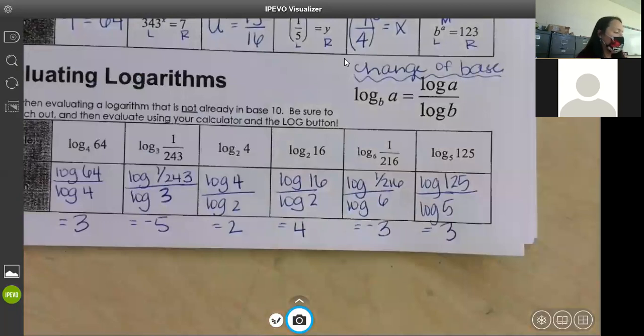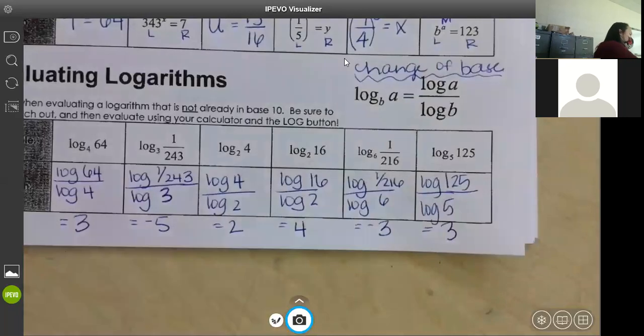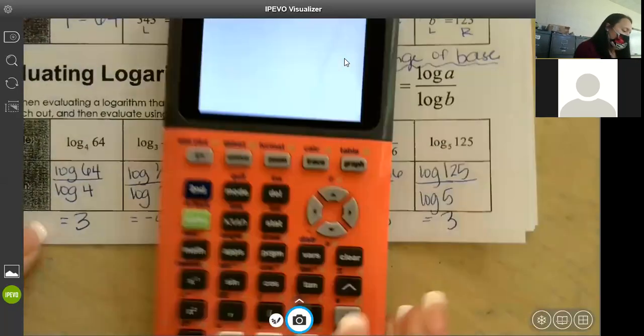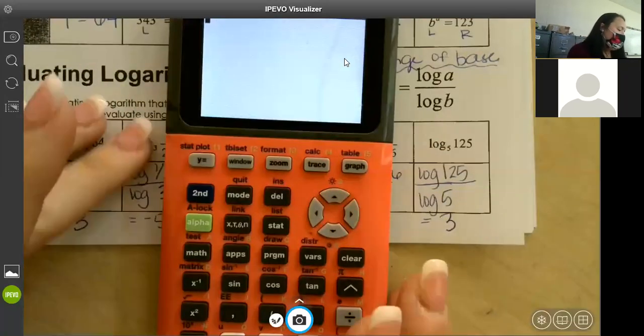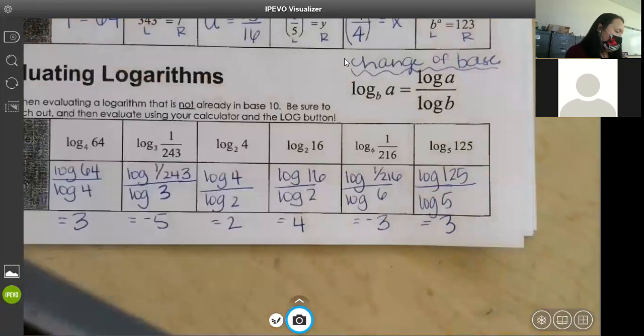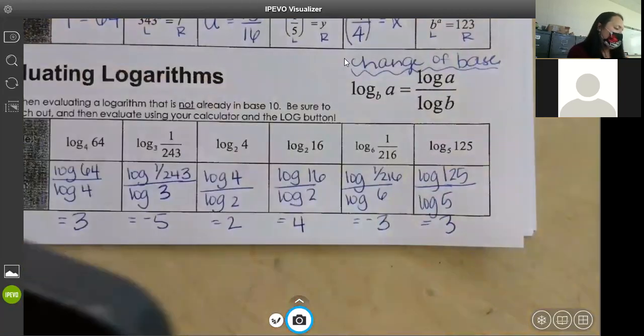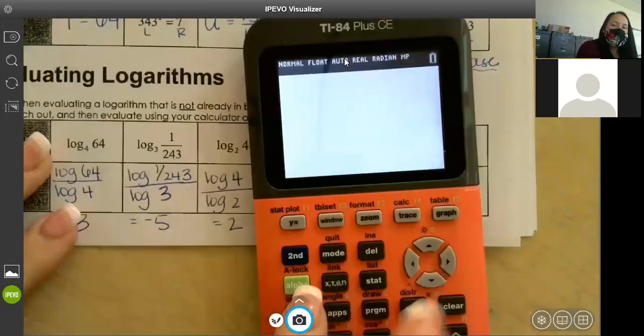All right. So now that I've showed you how to do that, I'm going to tell you that there's a much easier way to do it, and you don't ever have to remember that again. But did I show you how to do change of base? All right, so here's how this works. In your calculator, I always go to math.